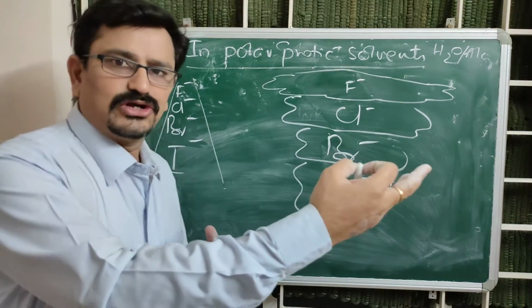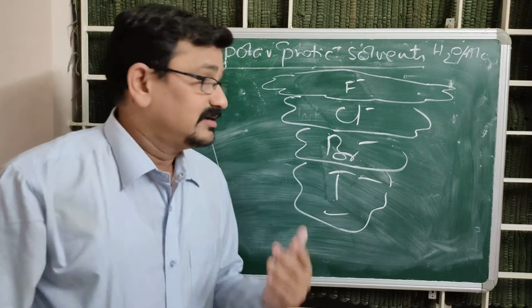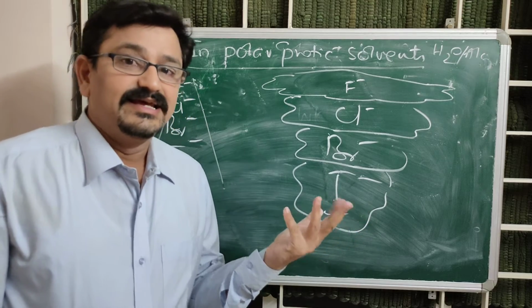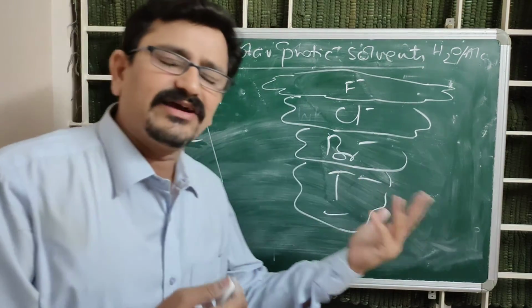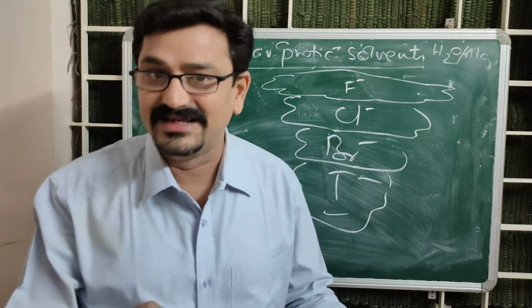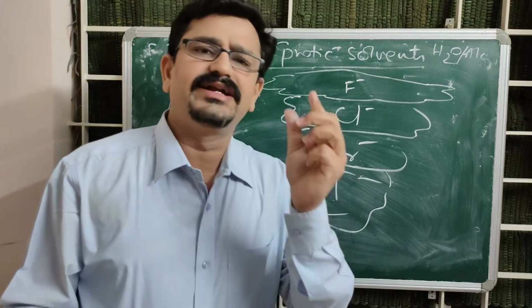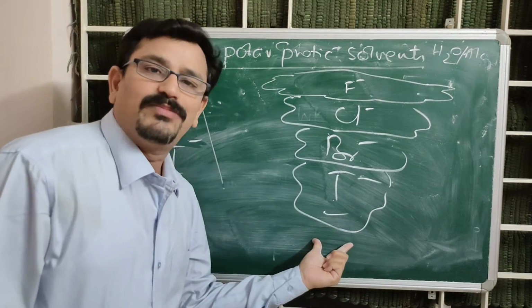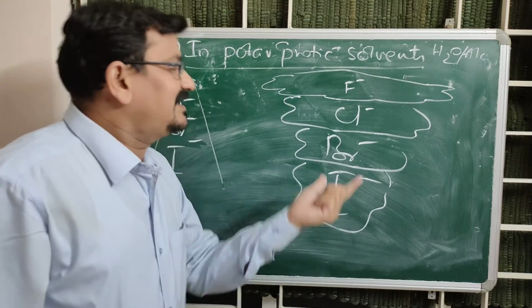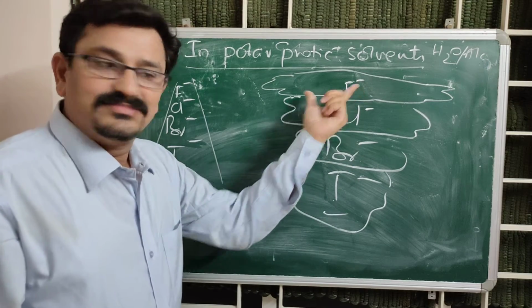Actually, we studied the term nucleophilicity. You remember what it means? It is how fast it attacks an electrophile. When can it attack faster? When it can move freely. When can it move freely? When it is smaller in size, more mobile. So among these, which is more mobile now, hydrated iodide or hydrated fluoride?